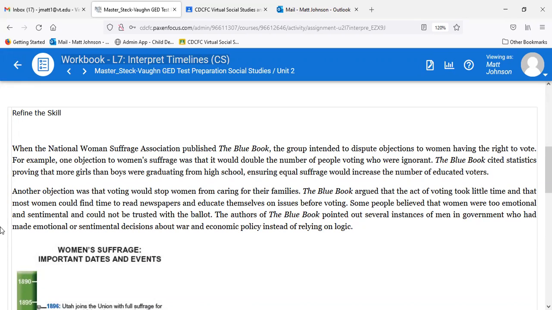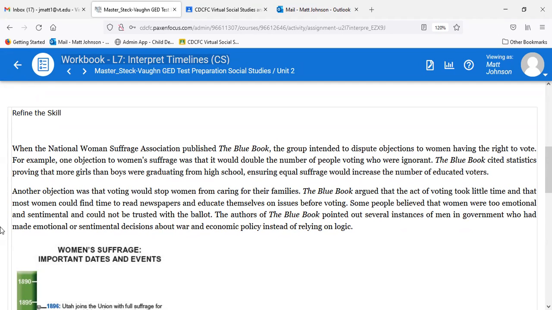And then the whole thing that it's going to increase the amount of ignorant people voting, and again showing you the way women were looked at, then proving, which is really interesting here, is that statistic that actually more girls than boys were graduating from high school, right? Because of course at that time a lot of men are entering the workforce at the age of 15, 16, so they're not completing an education, whereas women are actually going through, because they're not entering the workforce, they're going to be homemakers largely, so they're actually getting better educated.